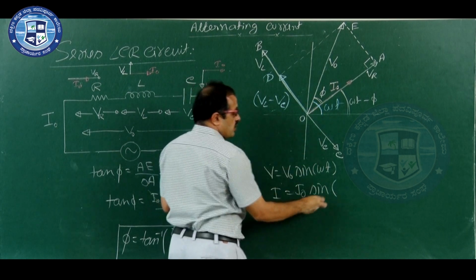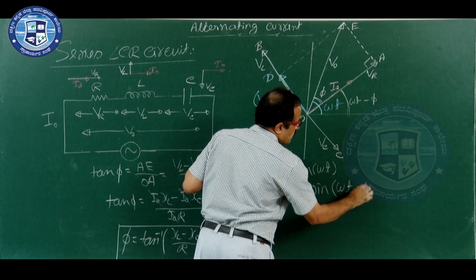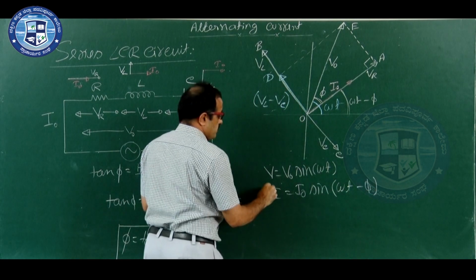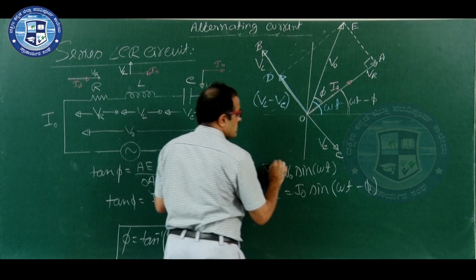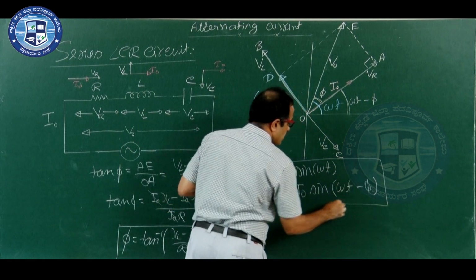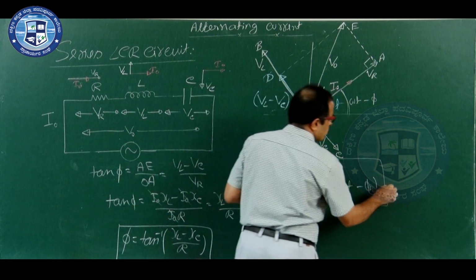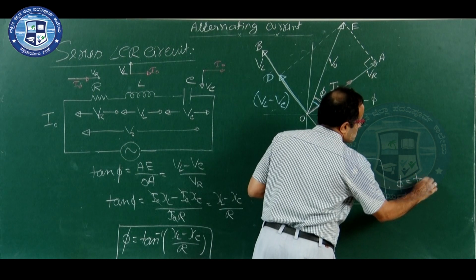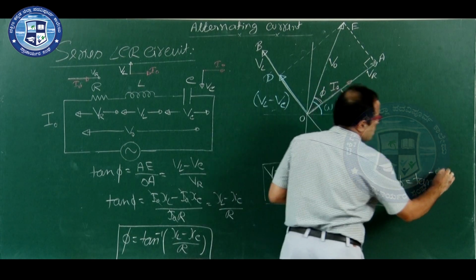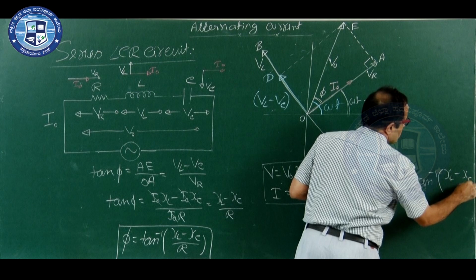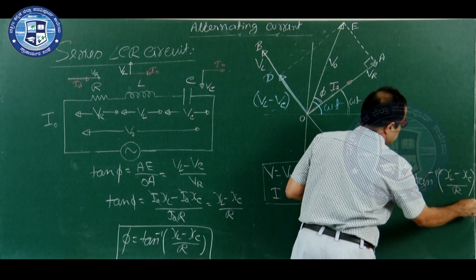Therefore, I is equal to I naught sin omega t minus phi. This is the formula for current and voltage, where phi is given by tan inverse of XL minus XC by R in this case.